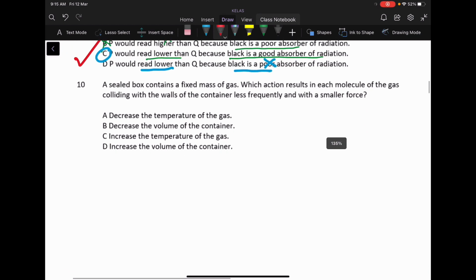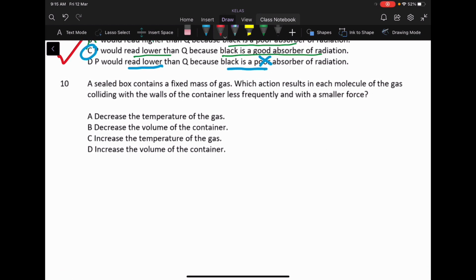A sealed box contains a fixed mass of gas. Which action results in each molecule of the gas colliding with the walls of the container less frequently and with a smaller force?